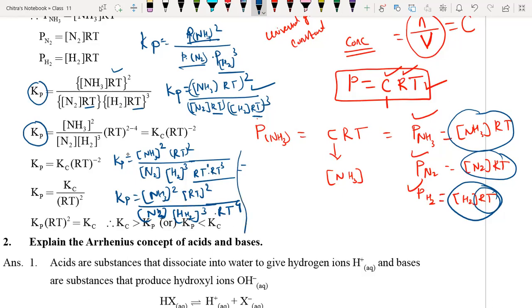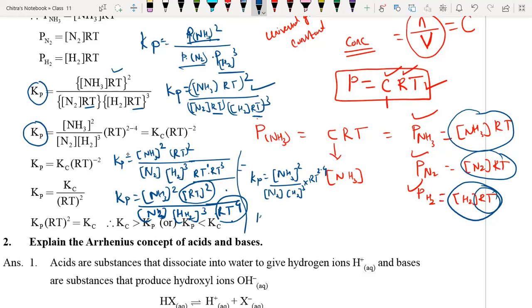Now we have RT in the numerator and RT in the denominator, so we transfer RT to the power 4 to the numerator, and their powers will subtract. So Kp equals NH3 in concentration form to the power 2 divided by concentration of nitrogen into concentration of hydrogen to the power 3, into RT to the power 2 minus 4, which is minus 2.